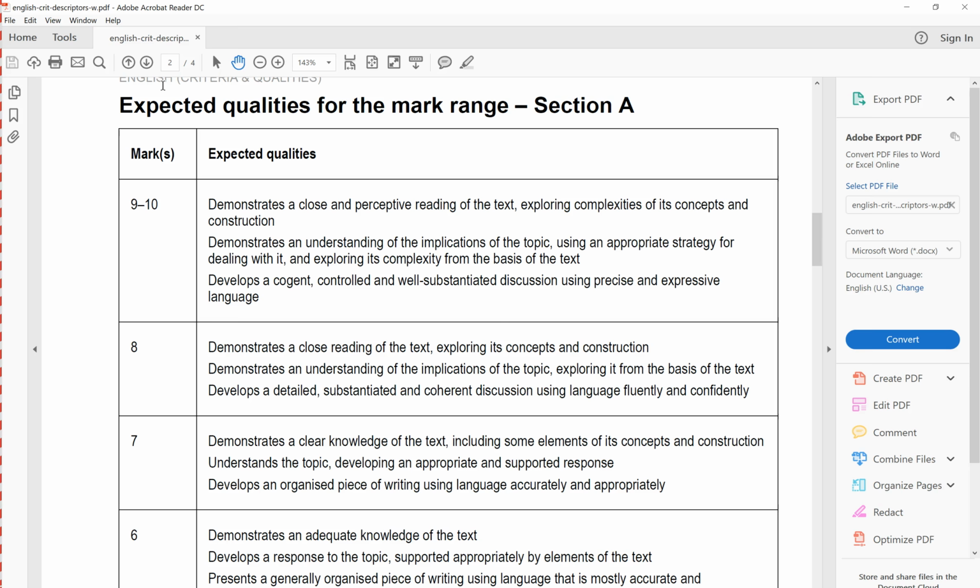And then finally, this is the bit that we as a school, as a staff, need to continue to work on. Cogent, controlled, well-substantiated discussion, using precise and explicit language. How well do you do?